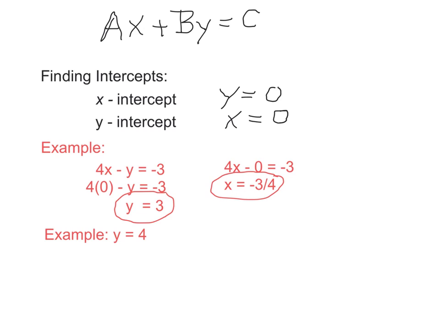If I were to graph this, the result is simply a horizontal line. So if you've got an equation of the form y equals just a number, then you know it's going to be a horizontal line.